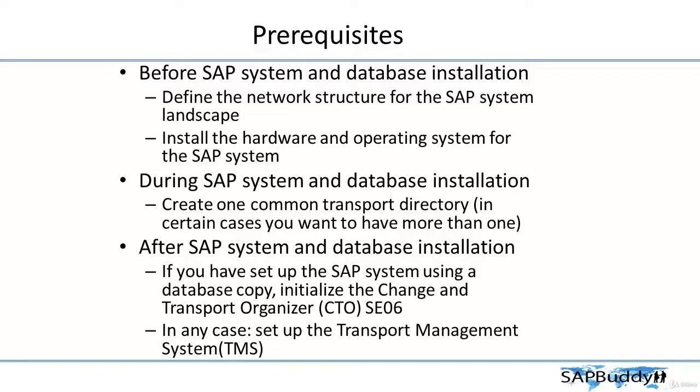But the best recommendation will be to use homogeneous systems so that you do not have a problem of changing the operating system in the SAP landscape. So you need to define what kind of hardware you are going to use, what kind of operating systems you are going to use. This is the first prerequisite we need to define, because STMS also depends on your hardware as well as operating system.